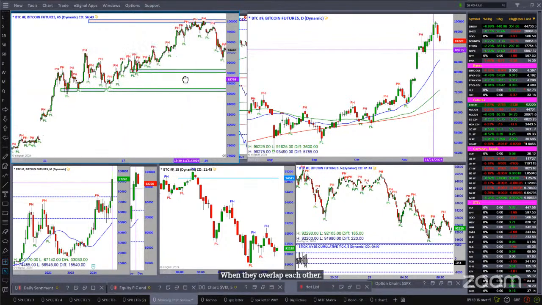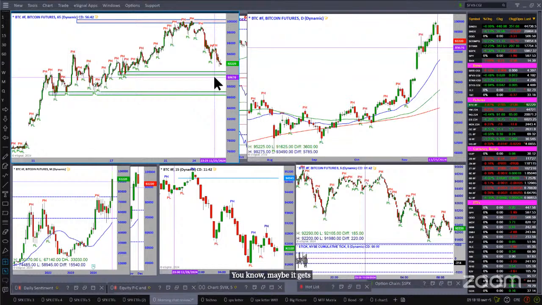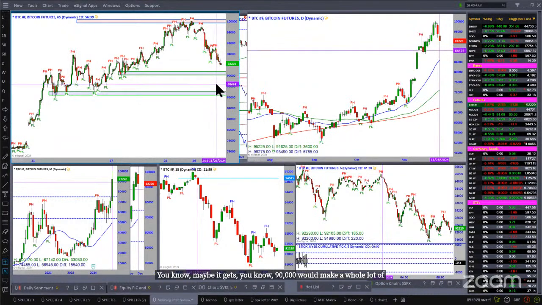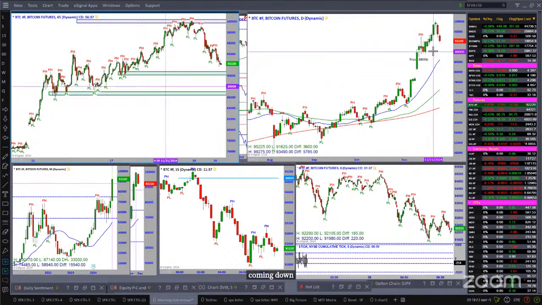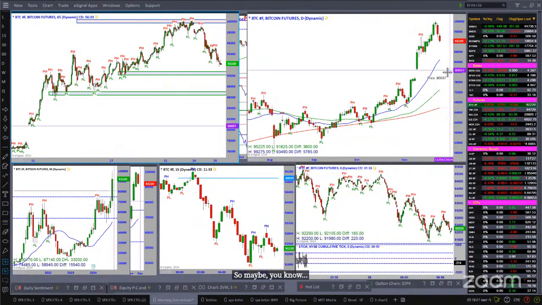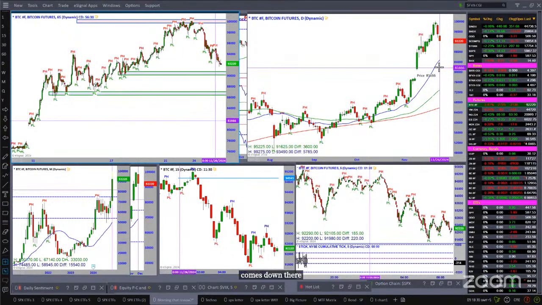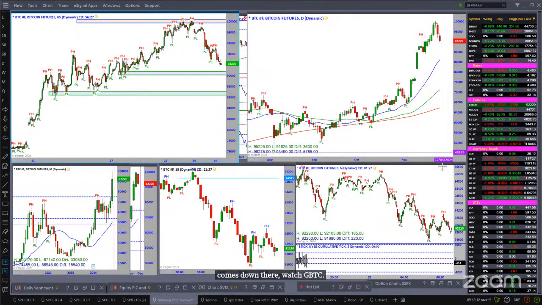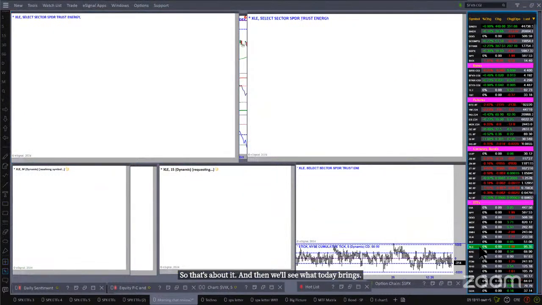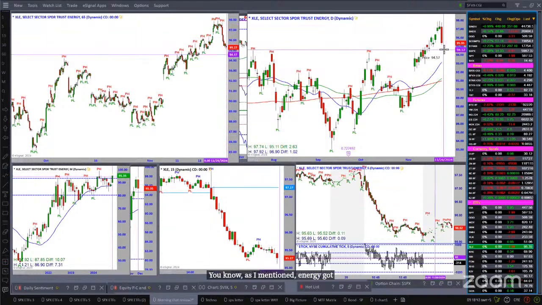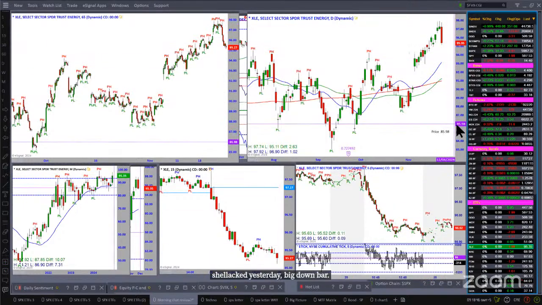Maybe it gets to 90,000, which would make a whole lot of sense, a big whole number, coming down there looking for a bounce. So maybe it comes down there, watch GBTC or the Bitcoin related stocks. So that's about it. We'll see what today brings. As I mentioned, energy got shellacked yesterday, big down bar. So, all yours, Dan.